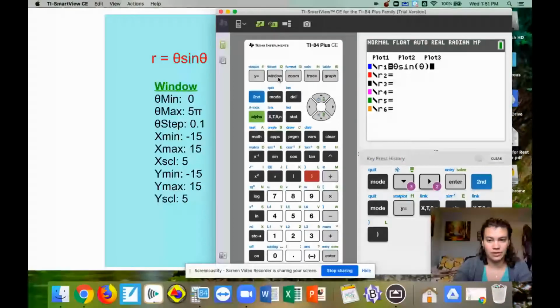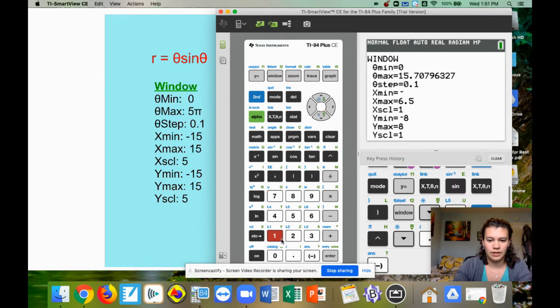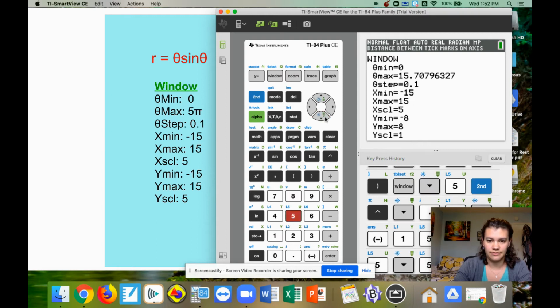Then go to your window to enter all the window stuff: 0, and then 5 pi, and 0.1, negative 15, positive 15, 5, same idea, negative 15, positive 15, and 5. And then hit graph.